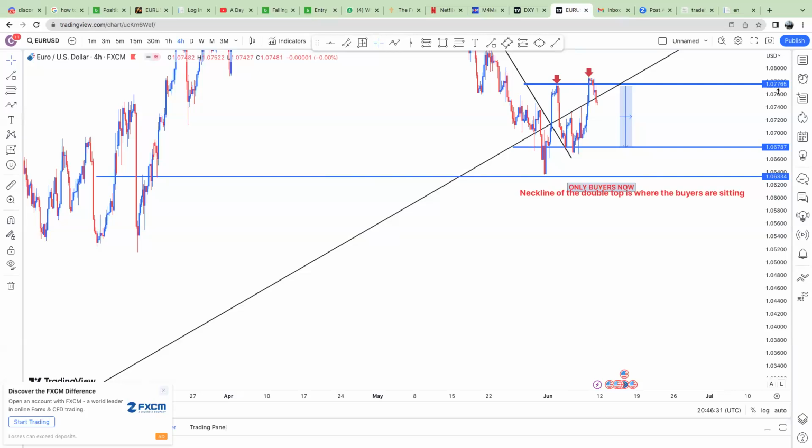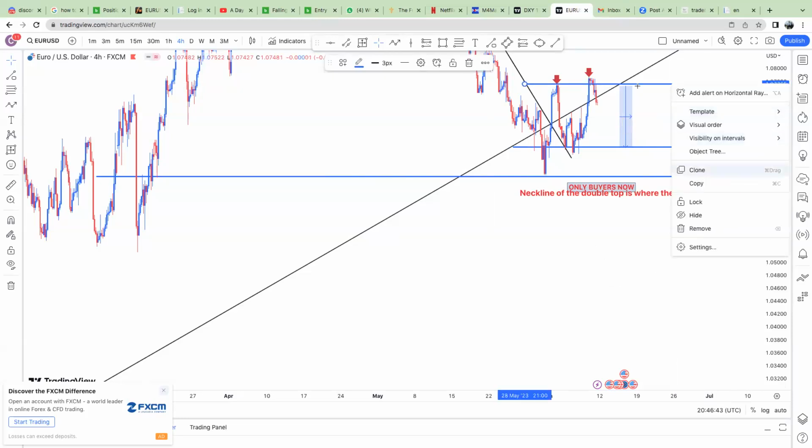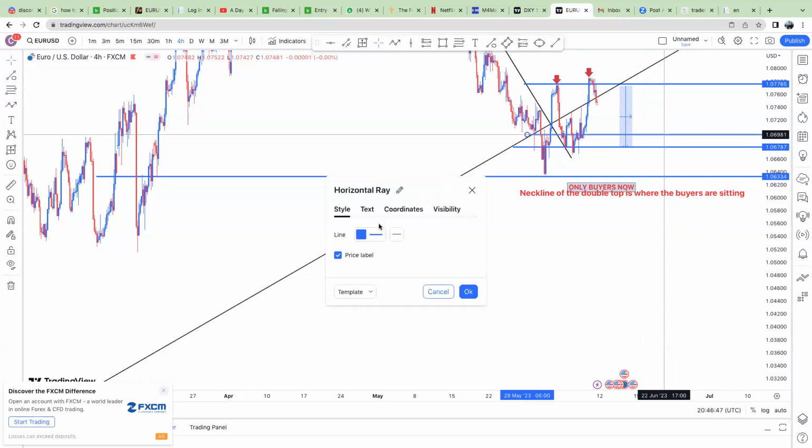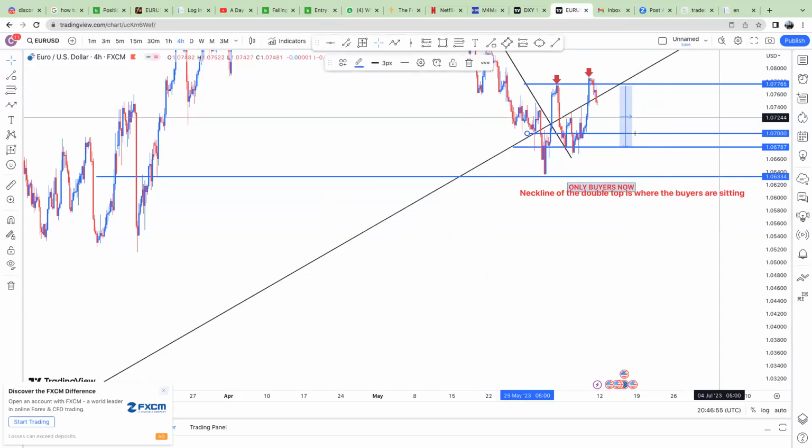Between 7765 and 6787, but taking account of the psychological level of 0.700, because it can bounce off that place very quickly and go back up and start shooting up very quickly.